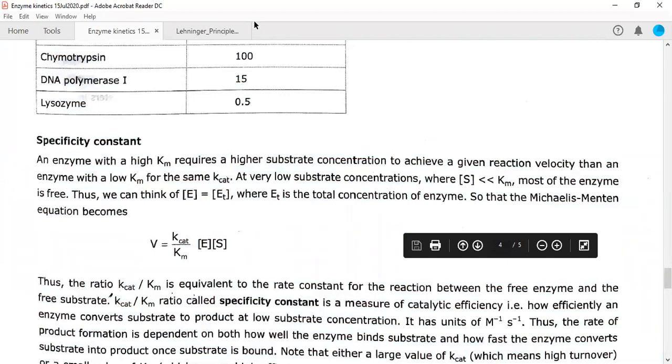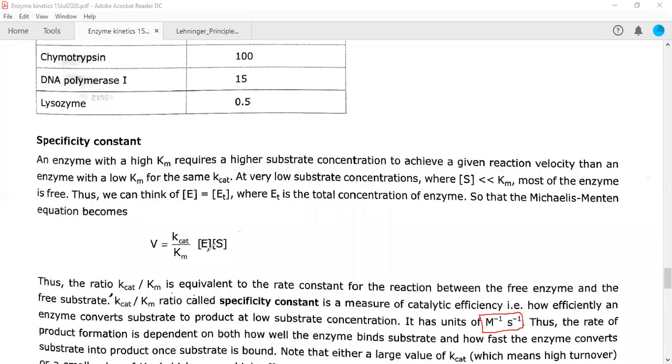Simply, you are dividing the Kcat value, which has per second unit, by the Km value, and Km is a substrate concentration, so it has mole per liter or capital M. Because Km is in the denominator, it becomes M minus 1, and Kcat already has the unit per second, therefore it becomes per mole per second.